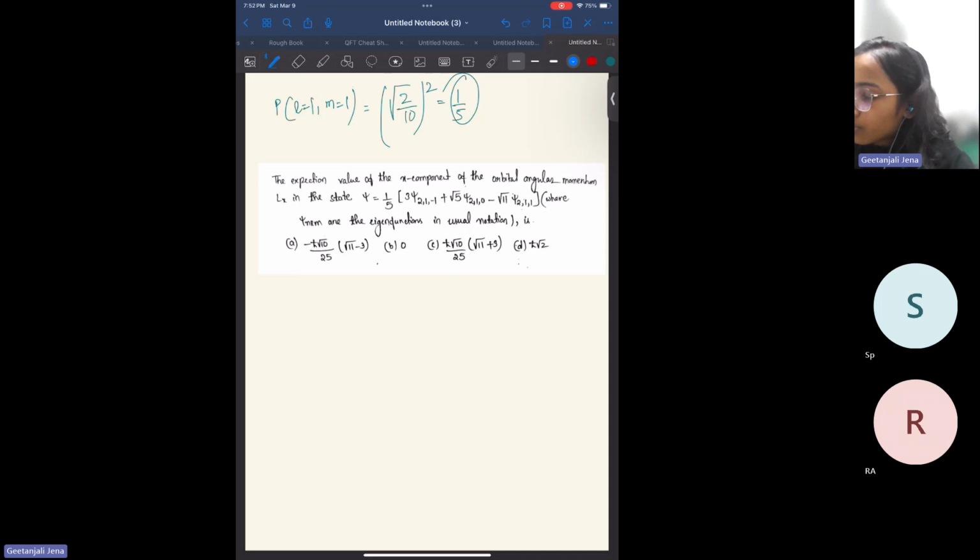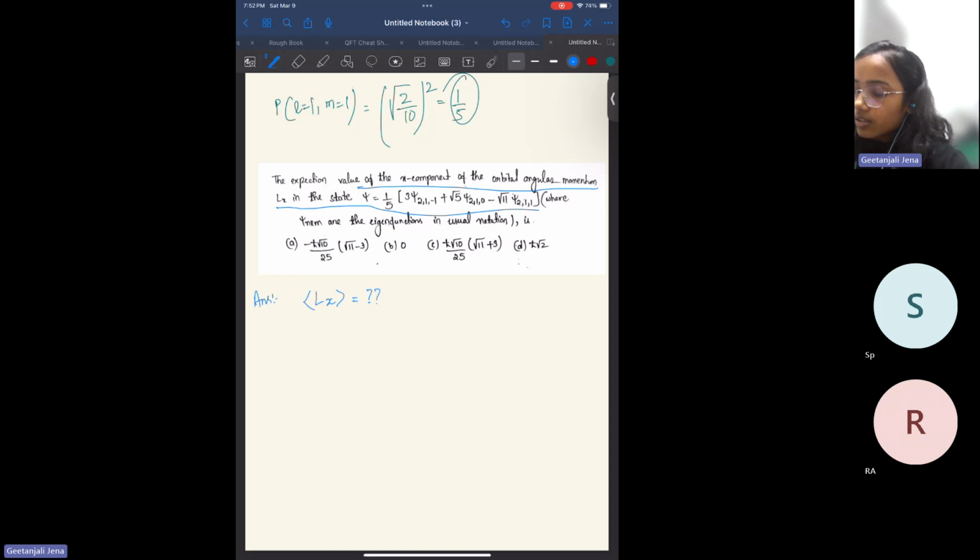So let's see our next problem. It is asking about the expectation value of the x component of orbital angular momentum, Lx, in this state.